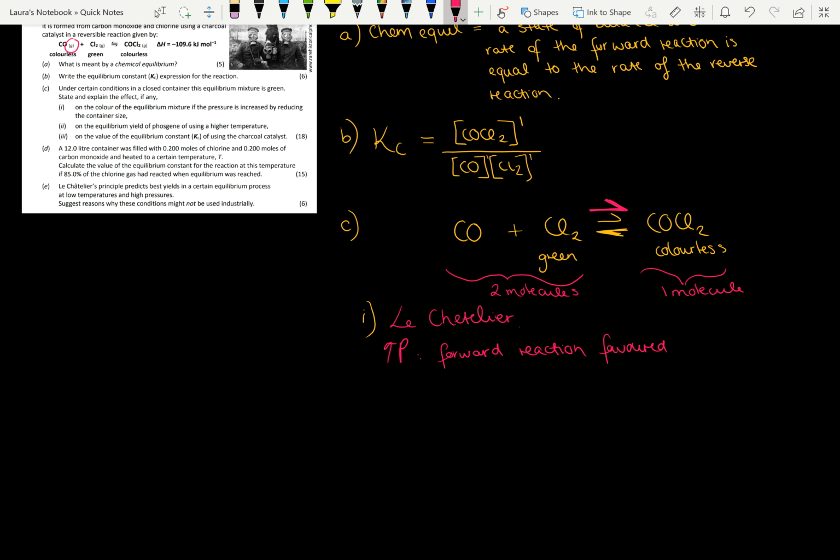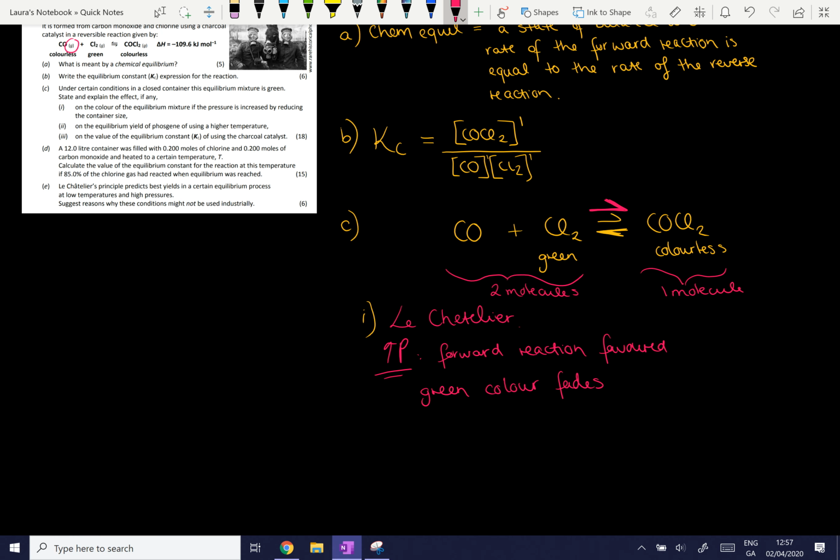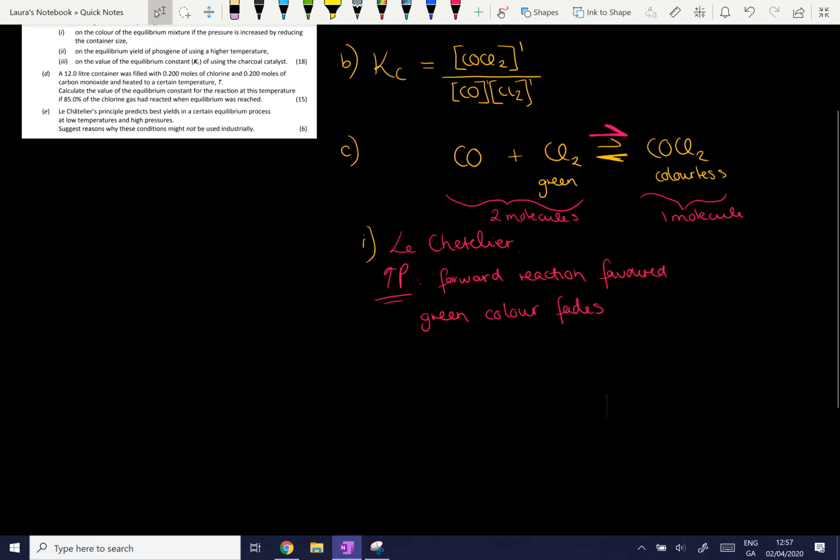So rather than the mixture going completely colorless, the color is going to fade. Spell correctly. So the green color is going to fade. Can't spell color today, guys. So as we increase the pressure, the forward reaction is favored because it is the reaction that produces the smallest number of molecules, and therefore the green color is going to fade.